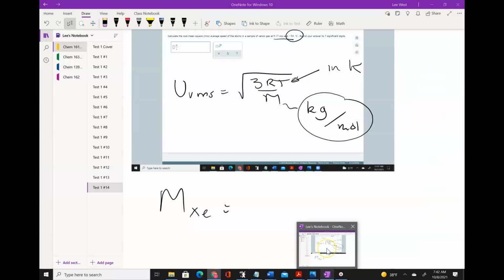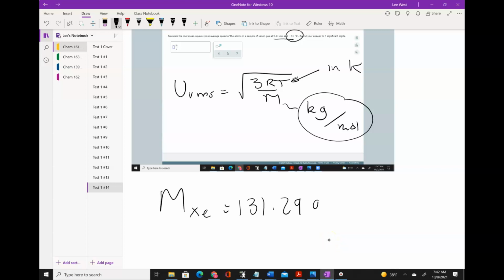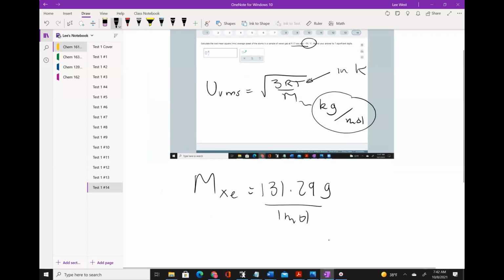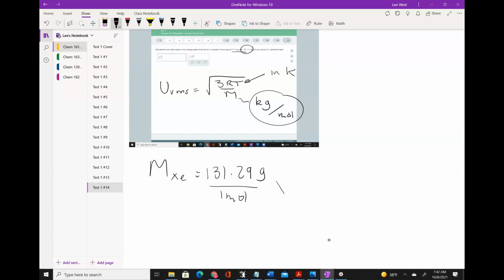It's 131.29 grams per 1 mole. We don't want grams, we want kilograms, so we have to remember that 1 kilogram is 10 to the 3 grams. This is going to be 0.13129 kilograms per 1 mole. All right, there we go.